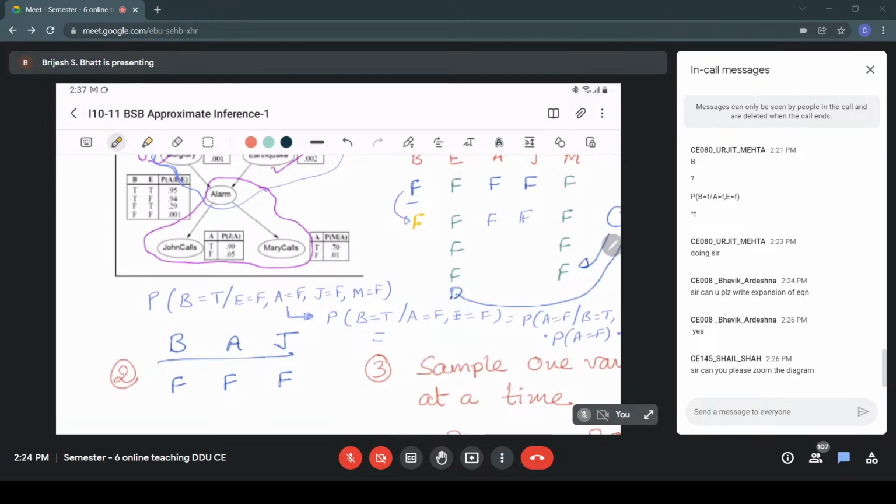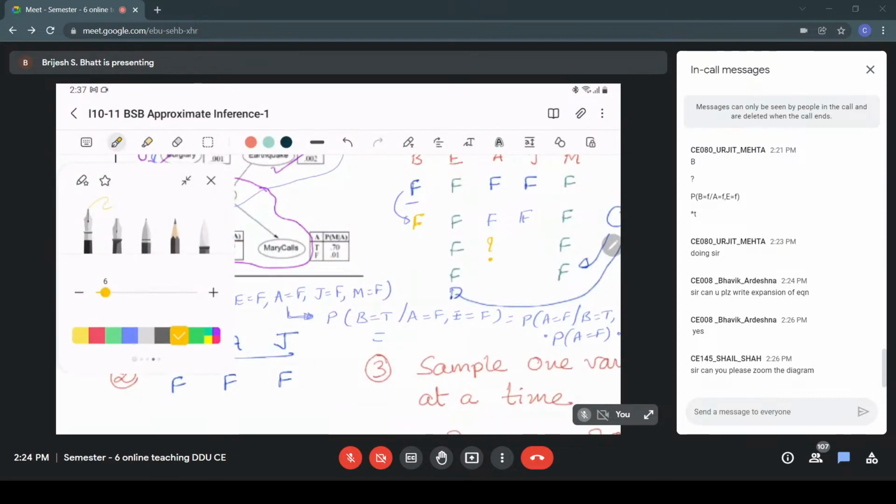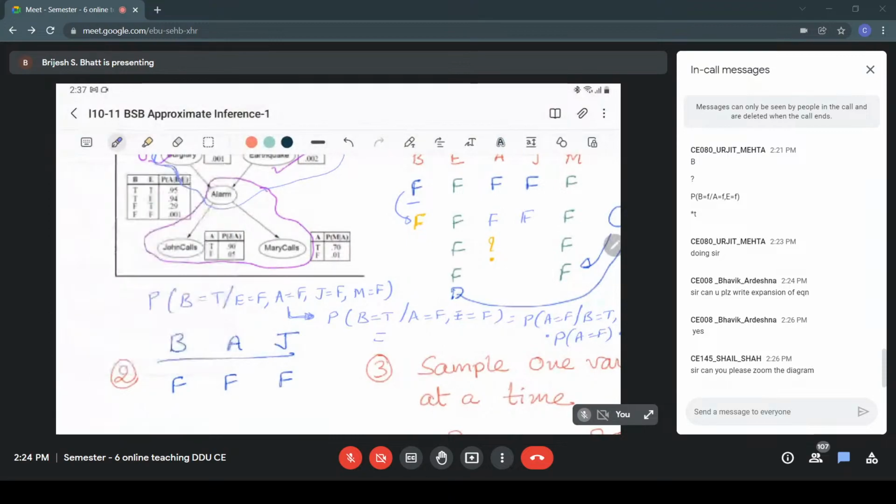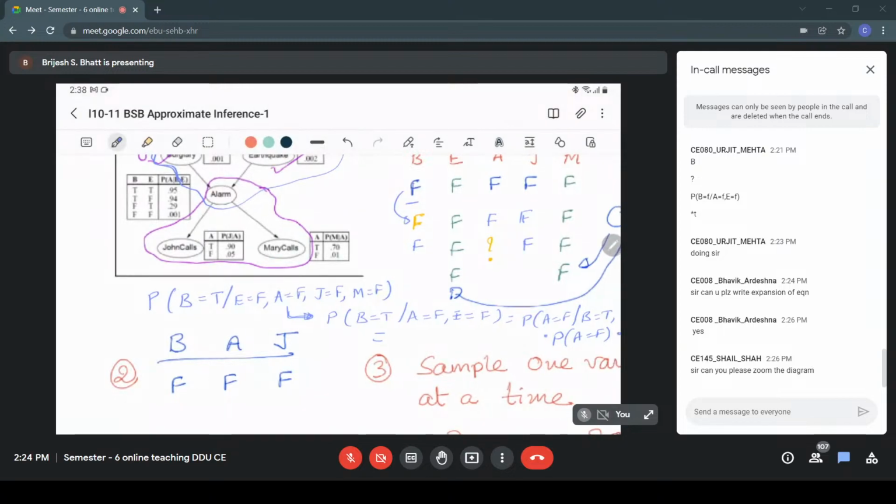Now in the third sample, we ask a question about A. Assuming that everything else is the same, meaning assuming that this is false and this is also false.